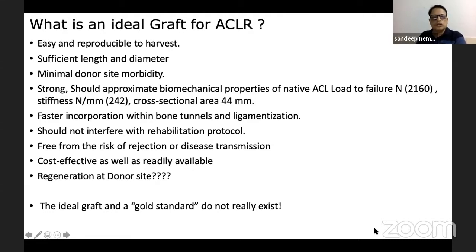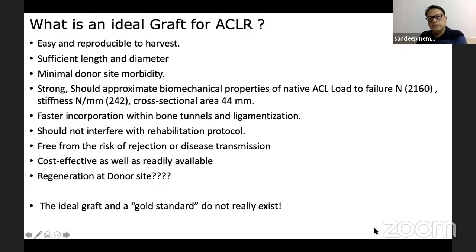As we all know, grafts lesser than 8 millimeter of diameter tend to fail. So there should be adequate diameter. Then it should be of sufficient length so that at least 15 millimeter to 20 millimeter of graft comes in each tunnel, the tibial tunnel and the femoral tunnel, and we get sufficient graft into the joint.